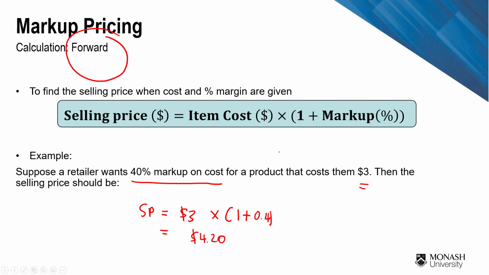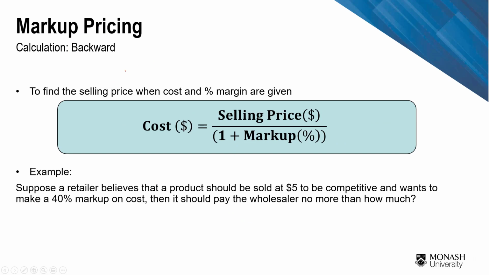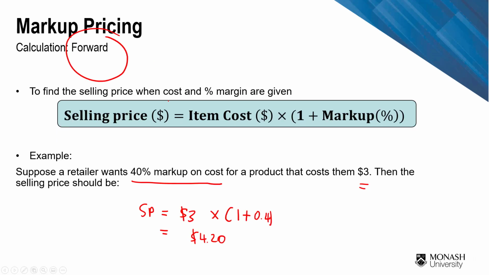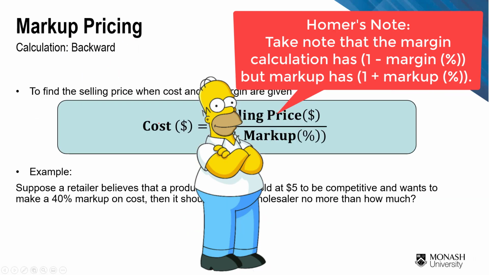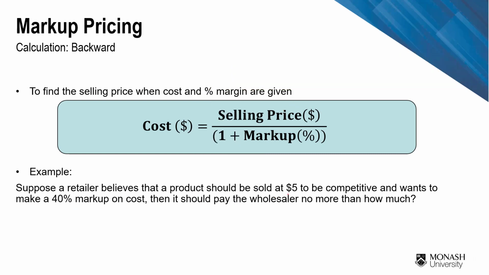And probably, as you have guessed, the backward formula will be the forward formula for the margin pricing. So they are all sort of swapped. So in here, suppose that the retailer believes a product should be sold at $5 to be competitive and they want to make a 40% markup on costs, then they should pay the wholesaler no more than how much?